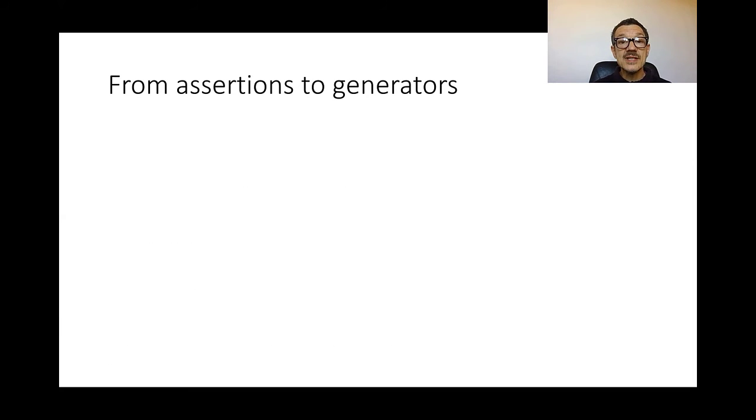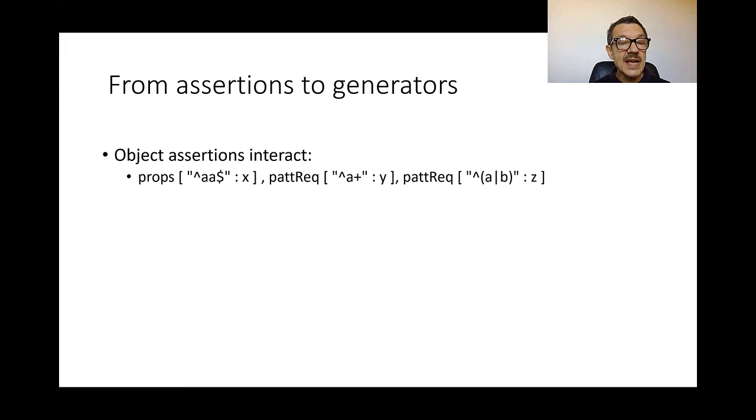And now we conclude with some words about how we transform a group of assertions into a witness generator. So we start from a set of assertions which have a complex interaction with one another.